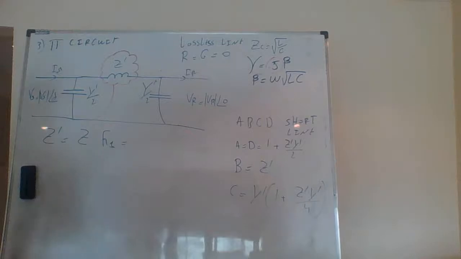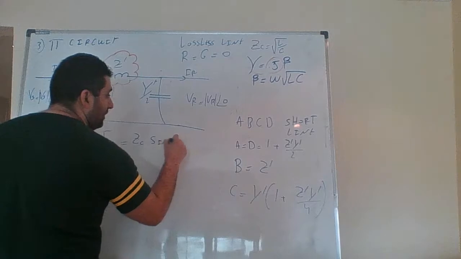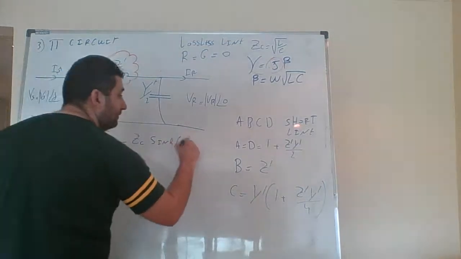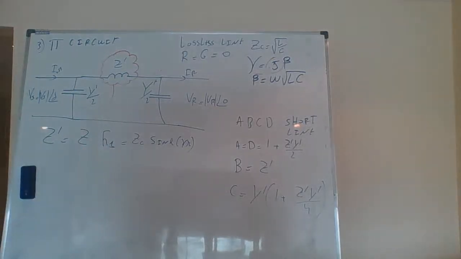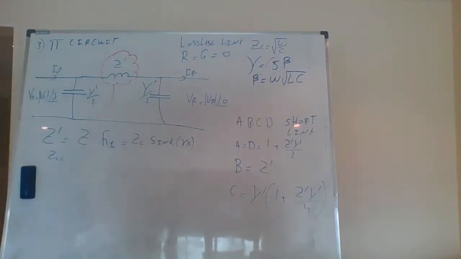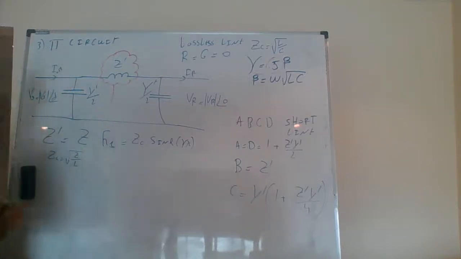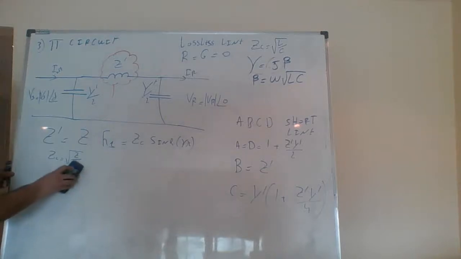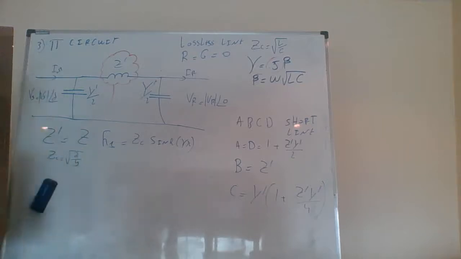If you remember, we found it equal to ZC sine hyperbolic of x. What's ZC? If you remember, ZC is the square root of Z over Y, small z over small y.